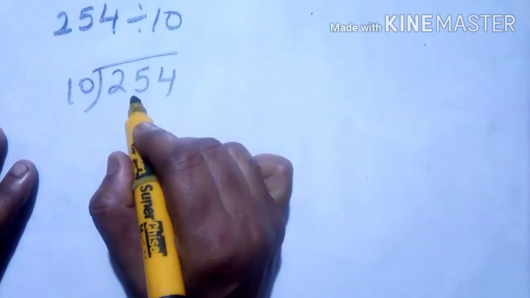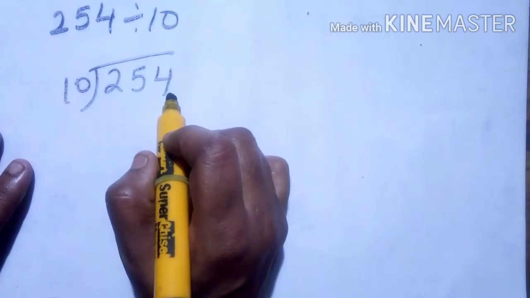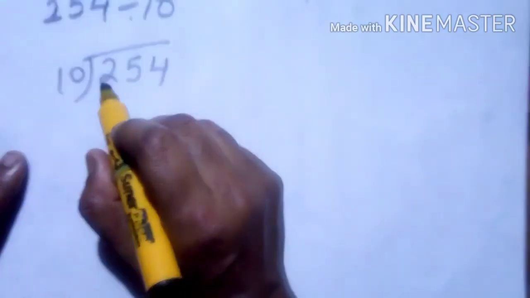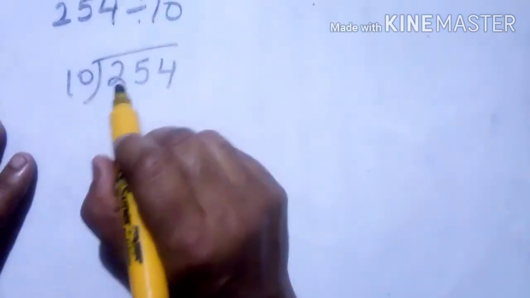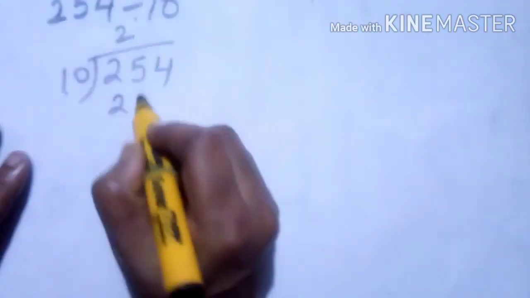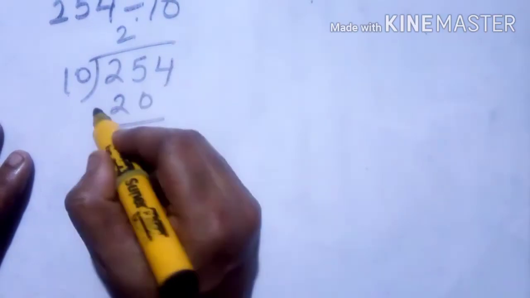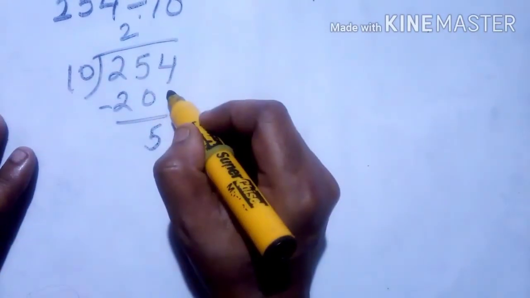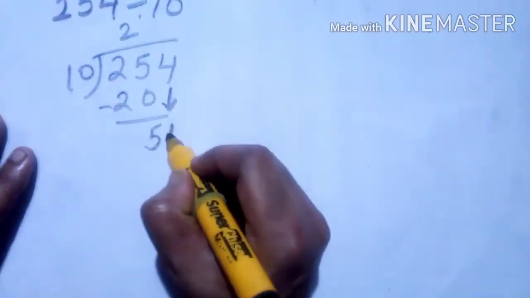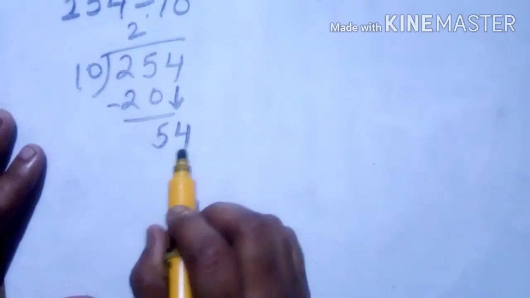If it doesn't go, then only you have to go to the next digit. So 254, out of this 25. 10 2 times is 20. Then 5 minus 0 is 5. Bring this 4 down, 54. So you got 54.